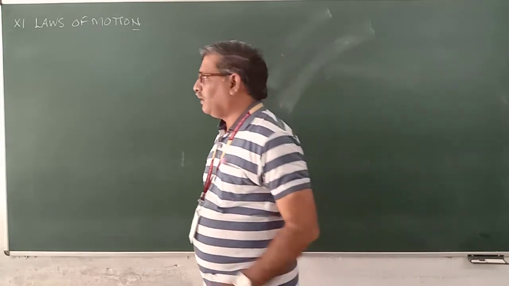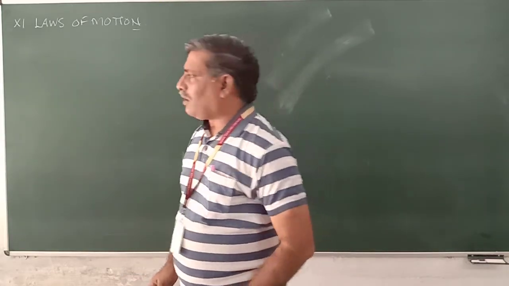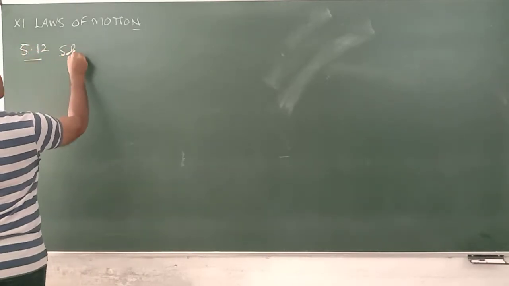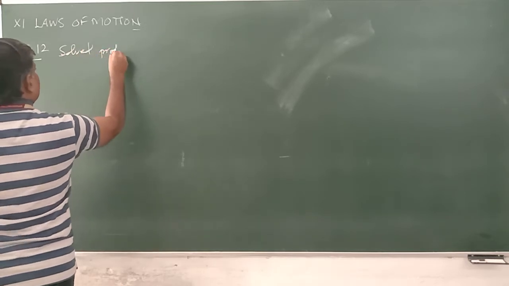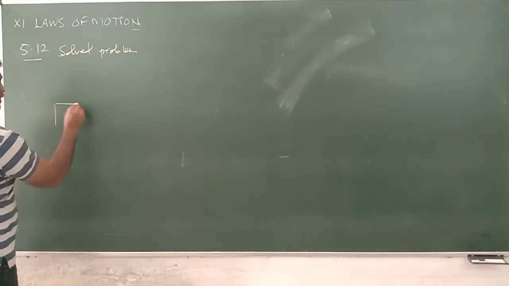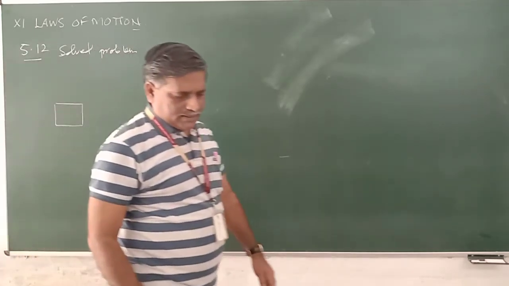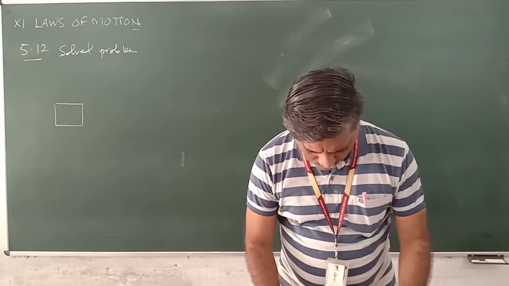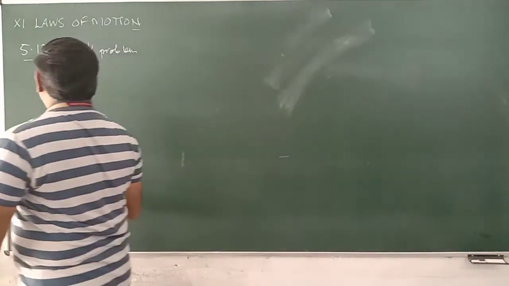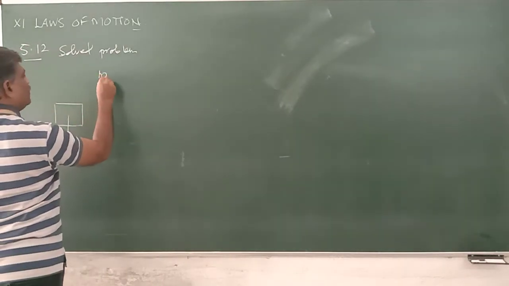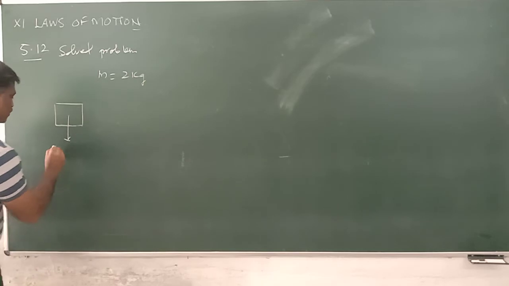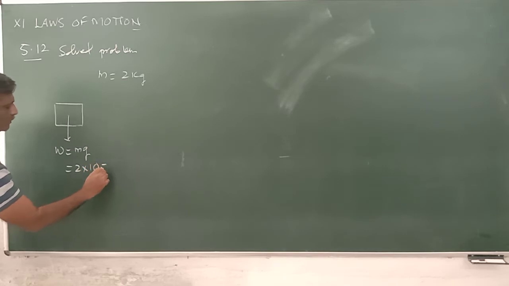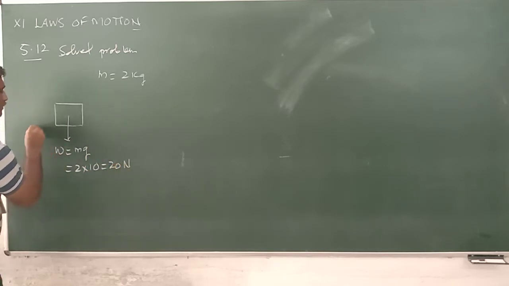First case, it is a very simple case. There is one block kept here. The mass of the block is given as 2 kg, so M is equal to 2 kg. W is equal to mg, which is 2 into 10, which is 20 Newton.